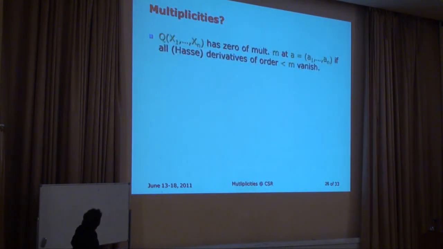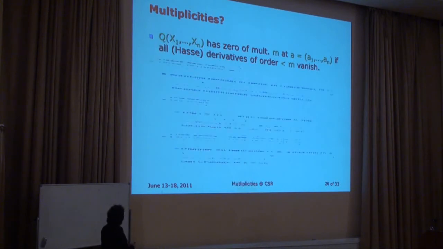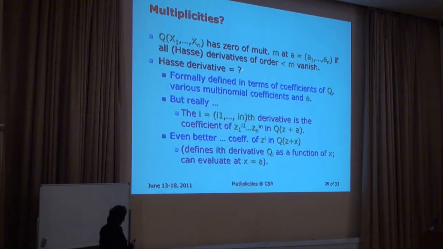So a little bit more about the multiplicities. So what are these Hasse derivatives? You can formally define it in terms of the coefficients of q, but the important thing to remember is that it's just some linear form in the coefficients of q. There's a nice clean definition, but I probably won't mention it now because it's a little late in the day.